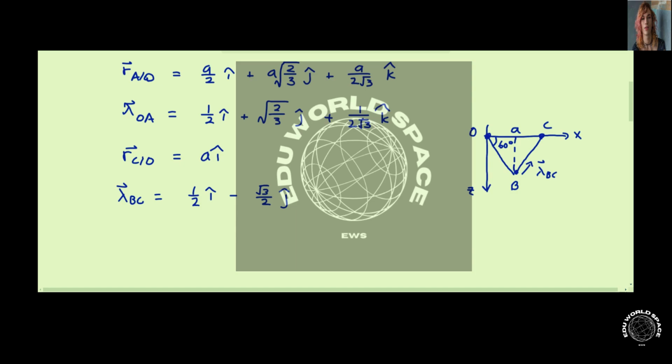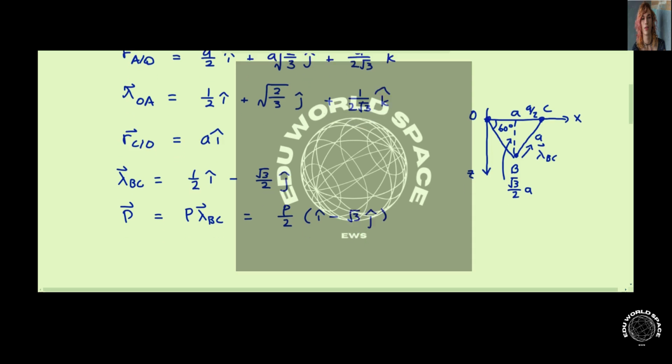So this is A over 2, then this is A, so this length will be square root 3 over 2 A. Since we are only interested in the unit vector, it will be half I hat minus square root 3 over 2 J hat. So the vector P will be the magnitude of P times the unit vector BC. So you have P over 2 times I hat minus root 3 J hat.